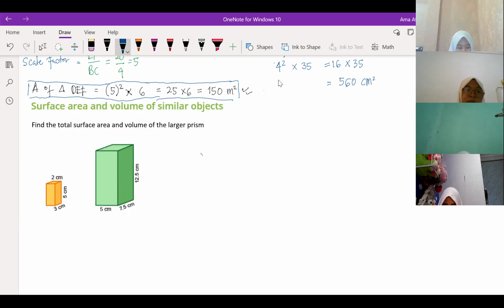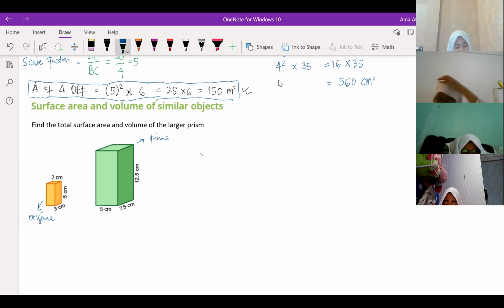Firstly, let's find the original. Let's say that this is the original and this is the final, because we are going to do this with the scale factor. So what is the total surface area of the original prism? Let me ask the student here.